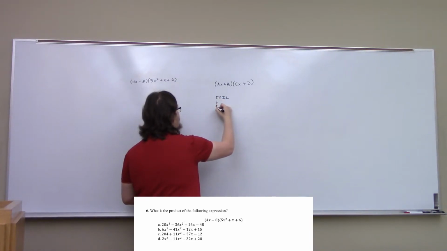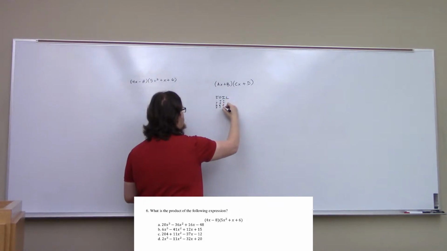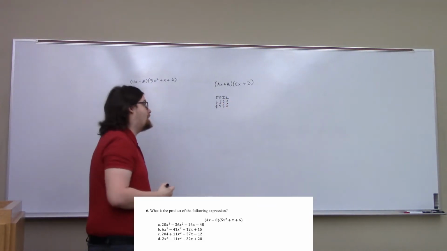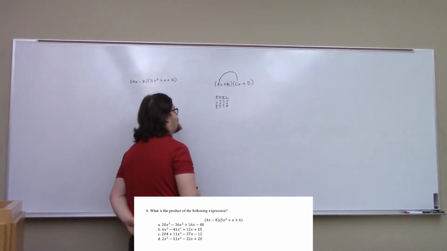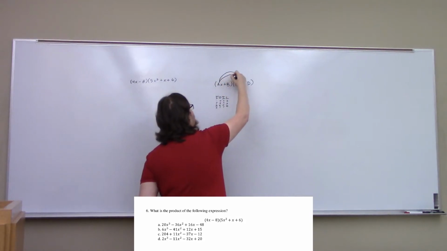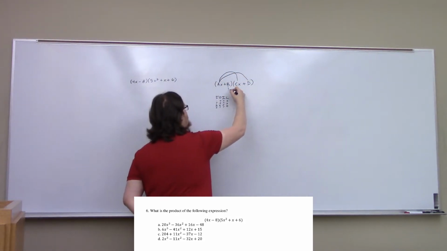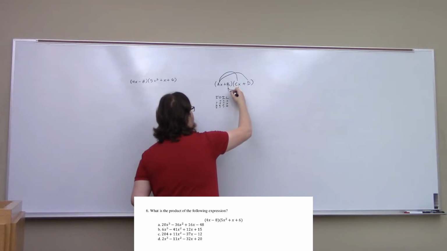So we had first, outer, inner, and last. And this helps us to organize our thoughts. So we first multiply the first values in the two parentheses, then the outer values, then the inner values, and finally the last values.